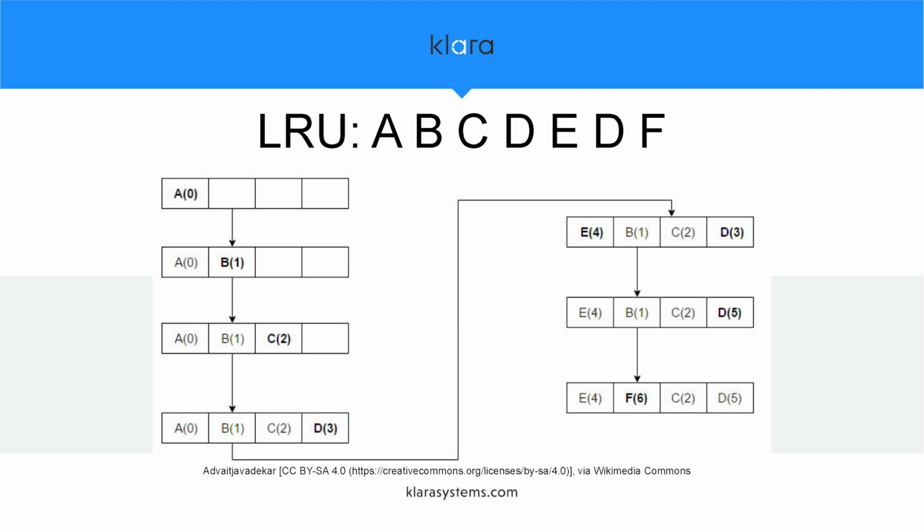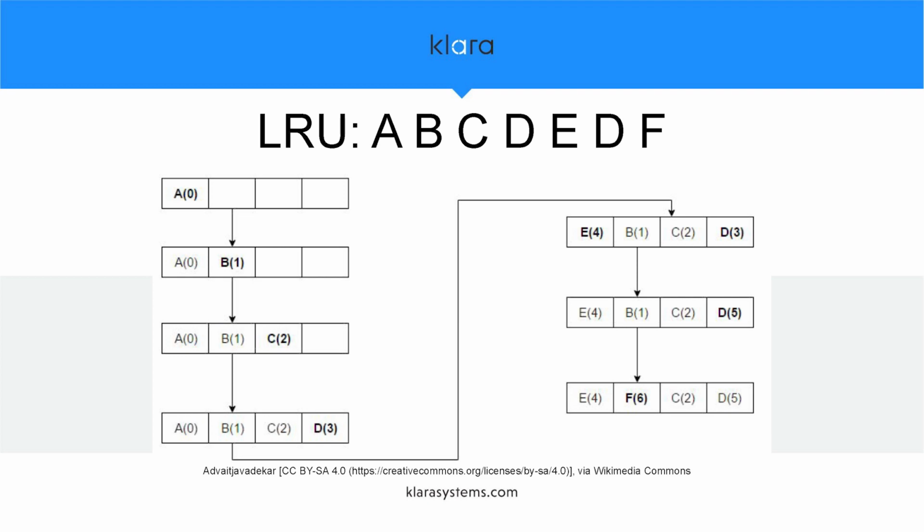So since there wasn't room in the cache, we have to kick somebody out in order to put this new block E in. So we find the block that has the oldest time, the block that we used least recently, and we throw it out or overwrite it with this new block E. So now we have B, C, D, and E with their access times.